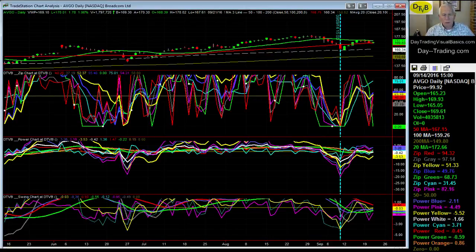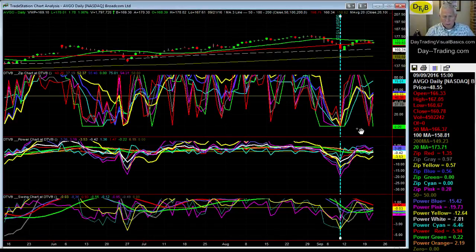It's the lowest line in the bunch, and in this case, with the exception of the Zip Cyan, because both Zip Cyan and Zip Green are at 0. In this case, Zip Pink is at 0.28, and the other line, Zip Blue, is 0.56, Zip Yellow is 0.57.